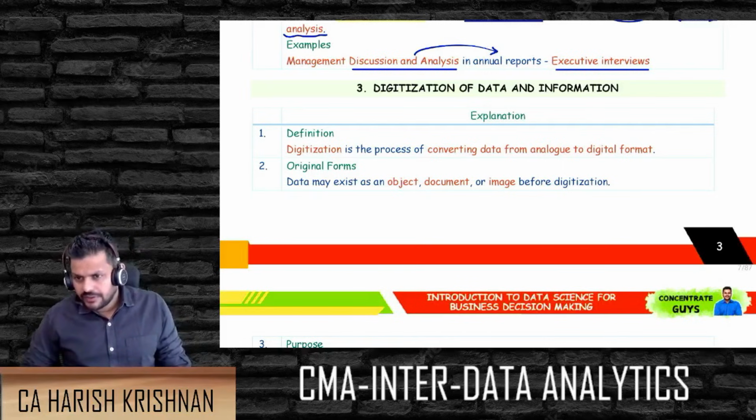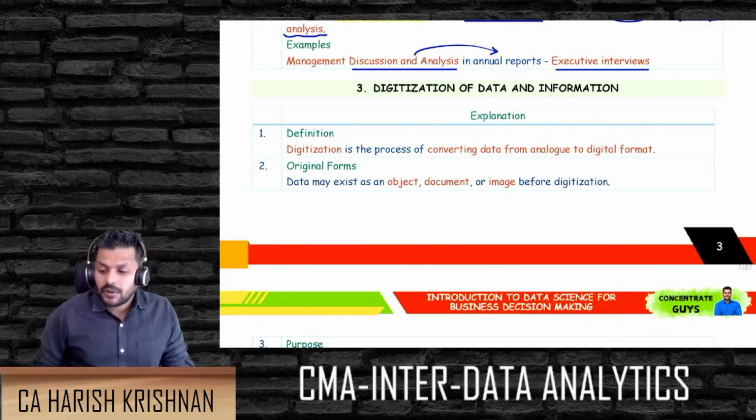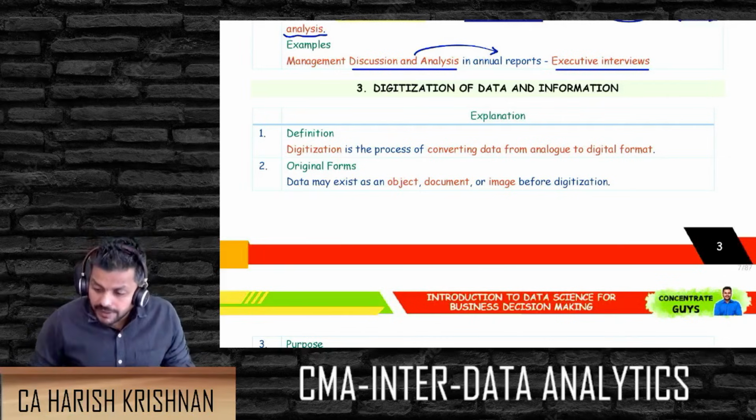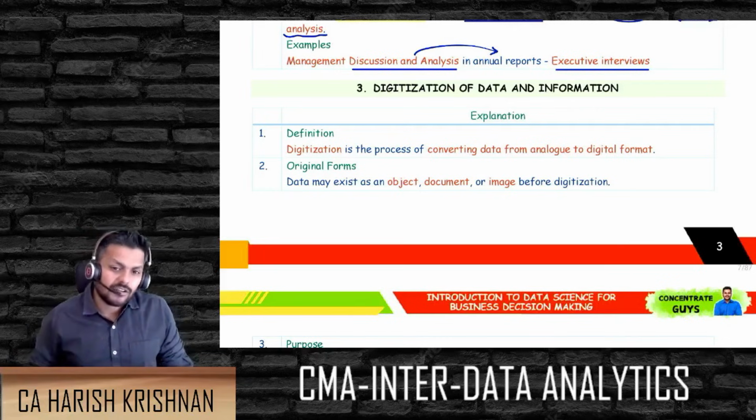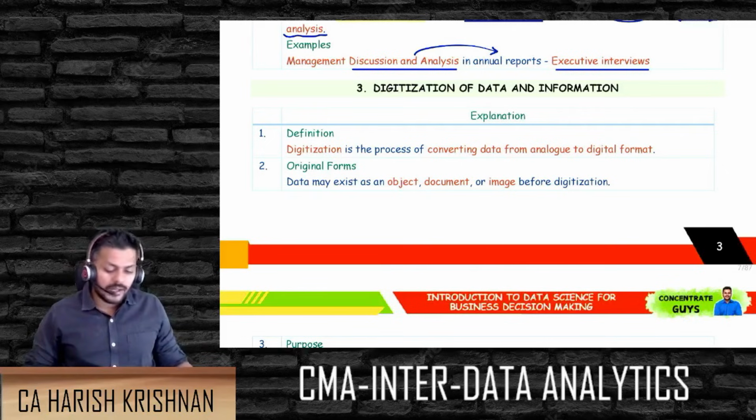Data earlier was in physical form, which is basically in the form of papers, printed records, and all of that. But today we have data which is being maintained in the form of electronic objects, which are media based objects. When I use the word object in this context, it could be an audio file, video file, anything. It could be a plain text document.